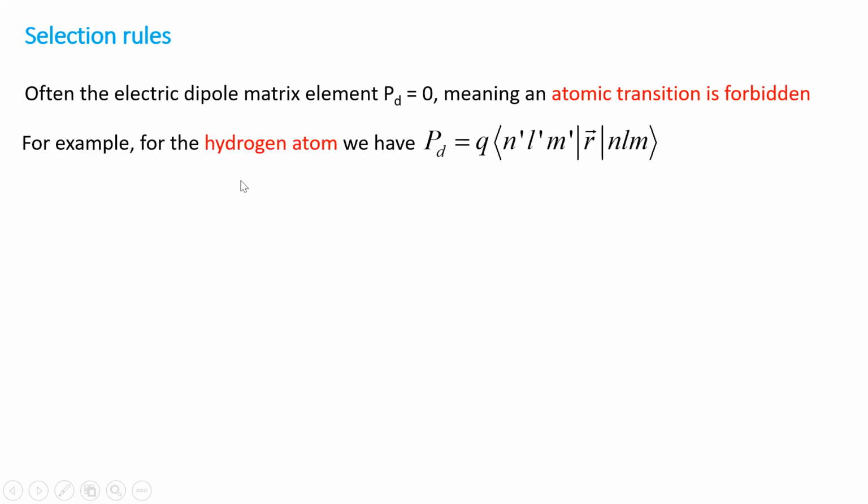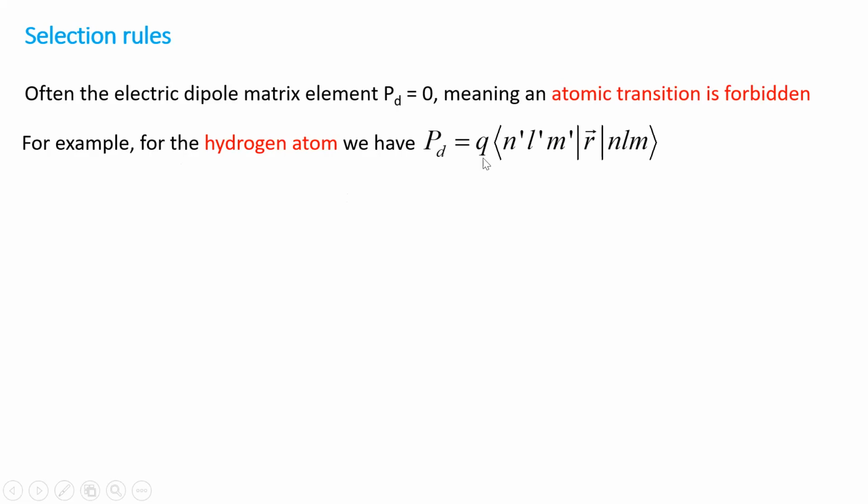For example, for the hydrogen atom, PD, the electric dipole matrix element, would be q times the matrix element of R between the states n prime l prime m prime and n l m, because the quantum numbers for the hydrogen atom are n, l, and m.